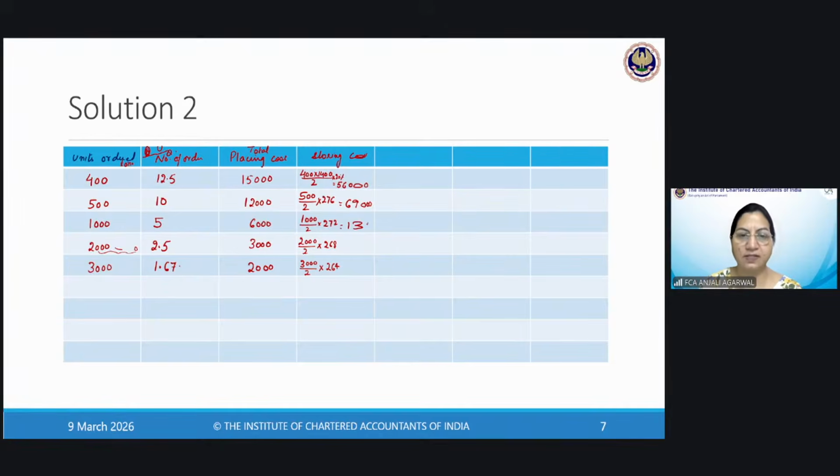This is 1,36,000. This is 2,68,000. And then 1,500 into 264, this is 3,96,000. So storage cost is continuously increasing.